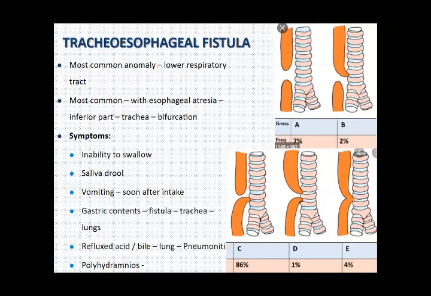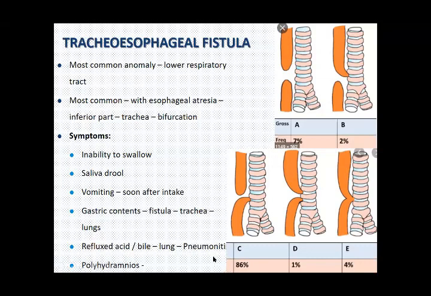Now what has happened is that this lower end of the esophagus, from the stomach into the lower end of the esophagus, is now opening into the trachea. So all these secretions go into the trachea, and from the trachea they go down into the lungs.